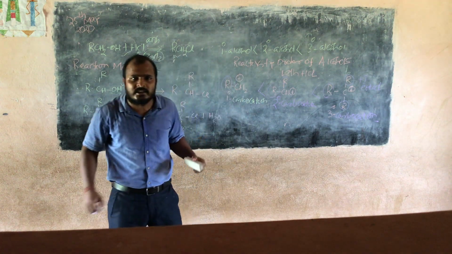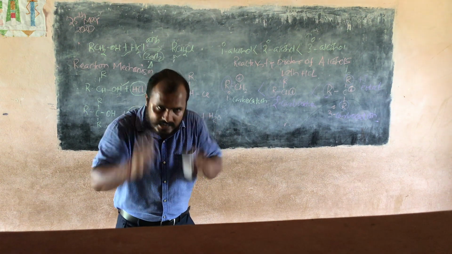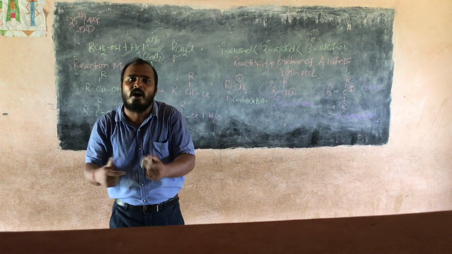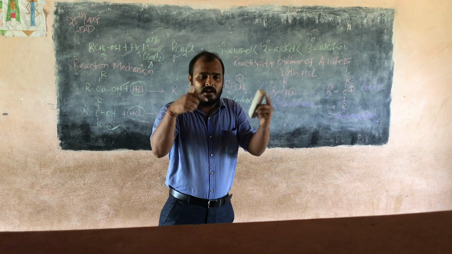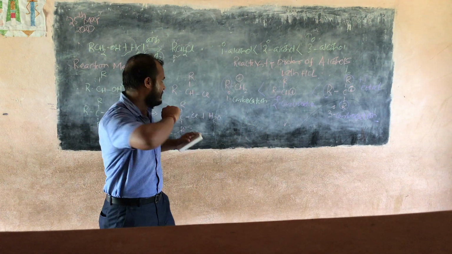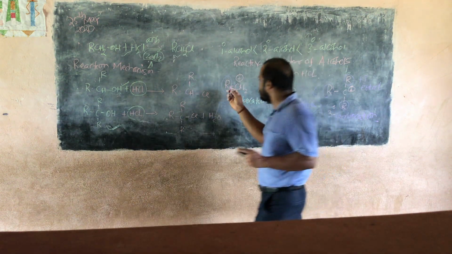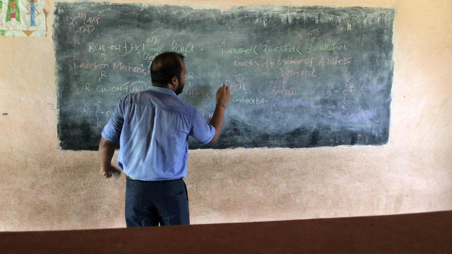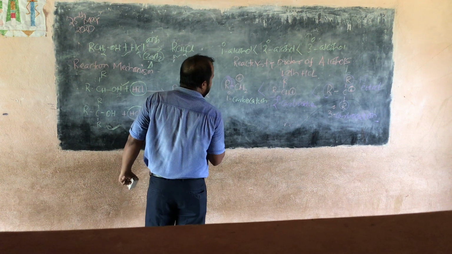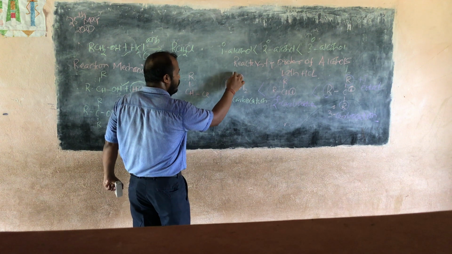Whenever there is neutralization of the positive charge, the stability increases. So the alkyl group is electron pushing in nature. It will push electrons towards this carbon, negative charge towards the carbon, to neutralize it.